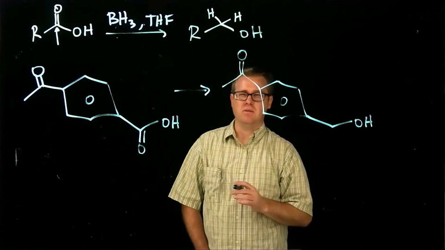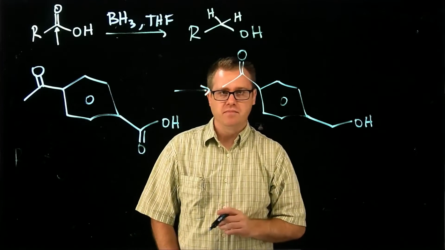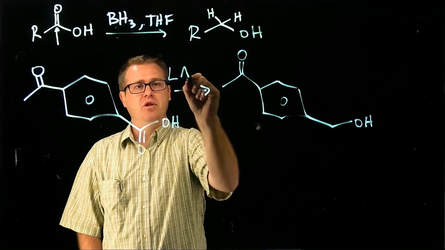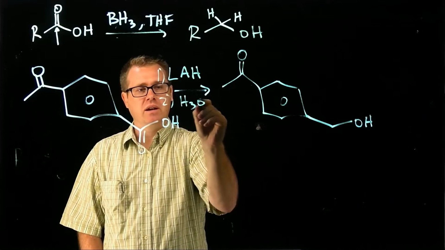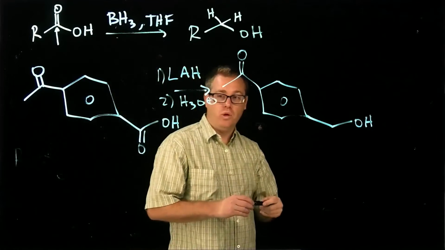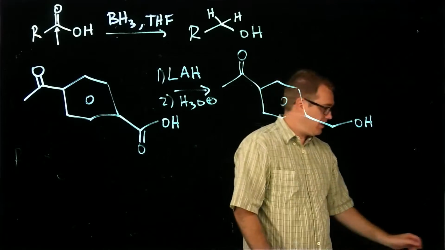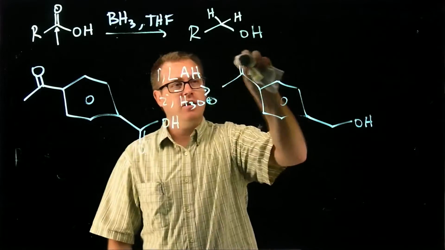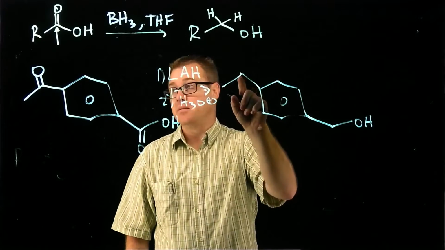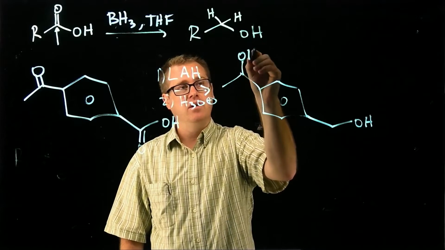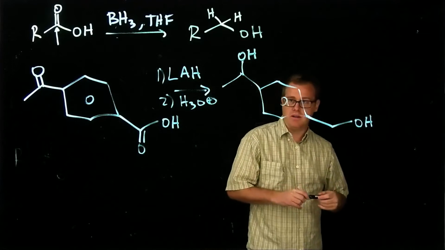We need the ketone. So if you tried this reaction with lithium aluminum hydride, step 1, and then step 2, your acidic workup, would you reduce the carboxylic acid to the primary alcohol? Of course you would. But we have also learned that lithium aluminum hydride also reduces ketones into secondary alcohols. And that's not the product that we wanted.